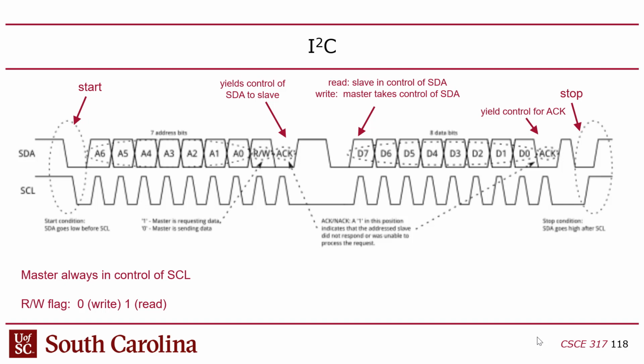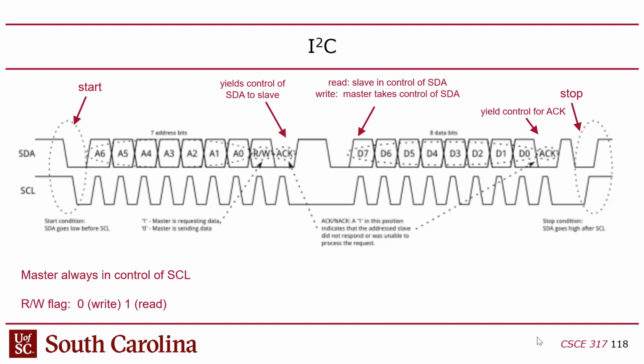Okay, and then the data, on the other hand, now this is an interesting thing. If I just want to get one thing out there for you guys to keep in mind for the next lecture: the master drives the clock, but the data is driven by the master and the slave, even within the same transaction.